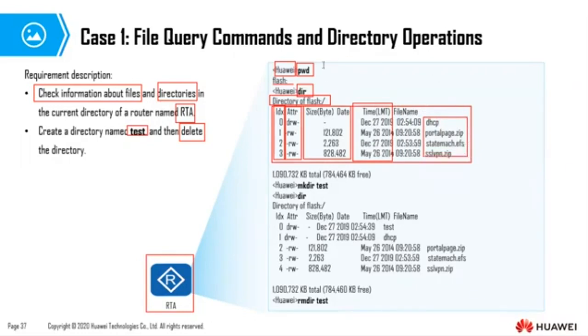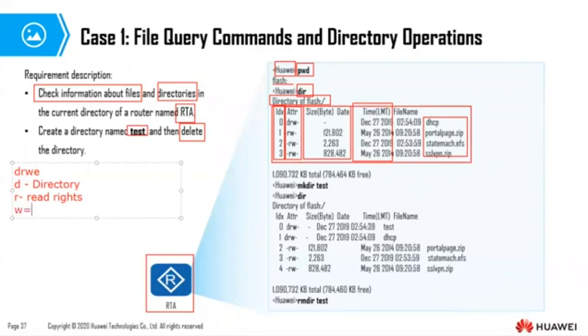Okay, let me just go through these parameters. We can see D, we can see R, we can see W, and we might also have E. So where we have a D, it means that that is a directory. R is for read, sorry, meaning you can read that particular directory or file.